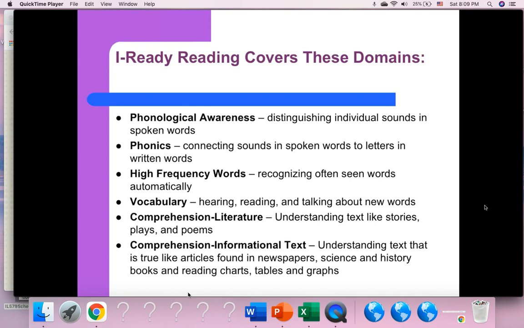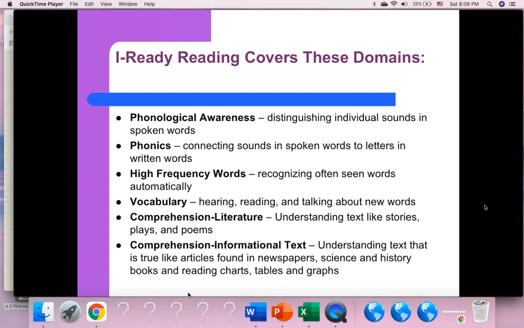Phonics is connecting sounds and spoken words to letters in written words, and that means just being able to decode a word that you come across when you're reading. High frequency words is recognizing often seen words, common words that we see, and each grade level has high frequency words that are common to that grade level, and this is mostly an elementary level area.